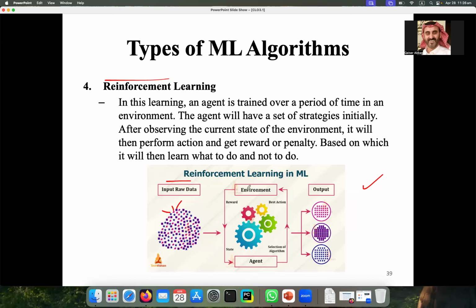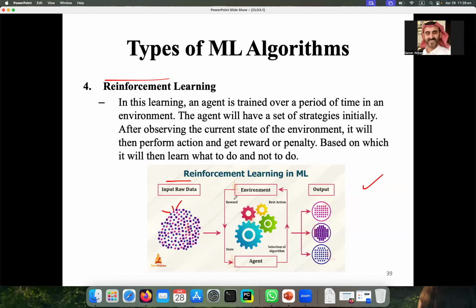If that action is okay, then the agent gets a reward. If that action is not okay, which means after performing that action you are not getting what the agent wants, then the agent will have a penalty here.